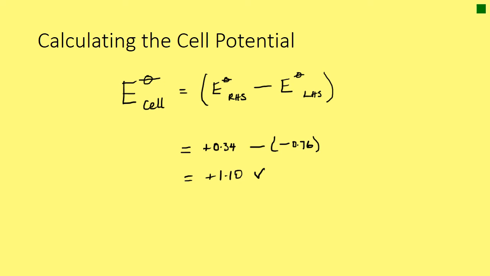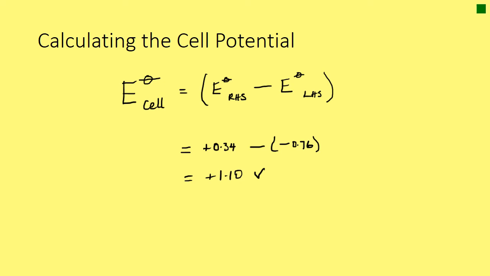If we use the zinc copper cell as an example again, we can work out the actual voltage of that cell under standard conditions. On the right hand side was the copper, and the electrode potential of the copper half cell was positive 0.34 volts.